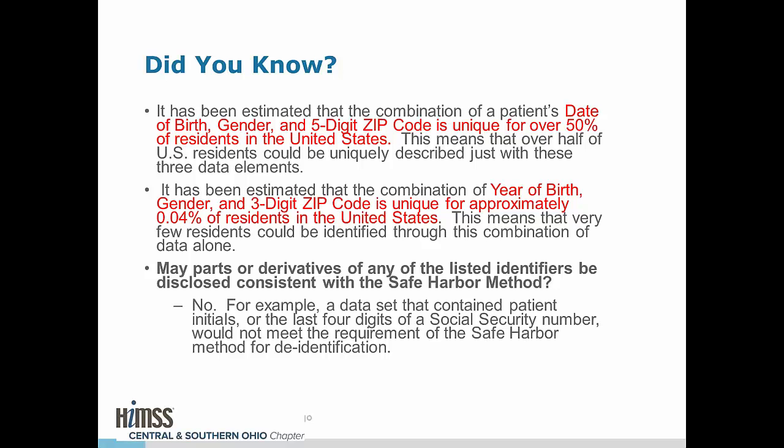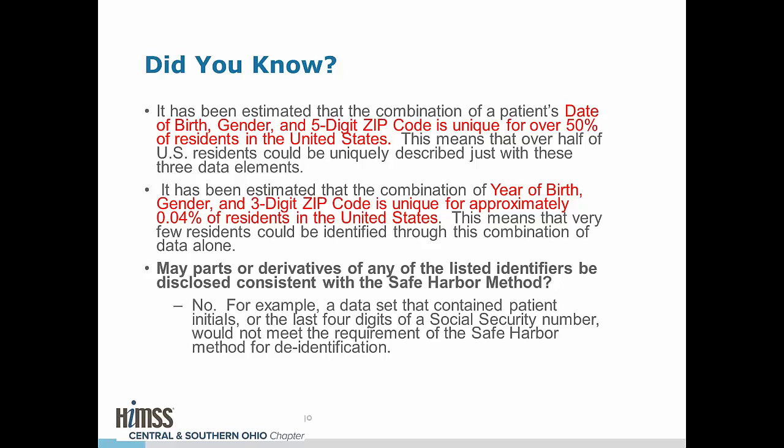She's been studying this for years, and she's done presentations about the greatest breach that goes on every day, about how people don't realize that with just these 3 pieces of information, date of birth, gender, and a 5-digit zip code, they are giving away their ID. Notice the difference as soon as we go to year and gender and the 3-digit zip, we drop down to 0.04%.